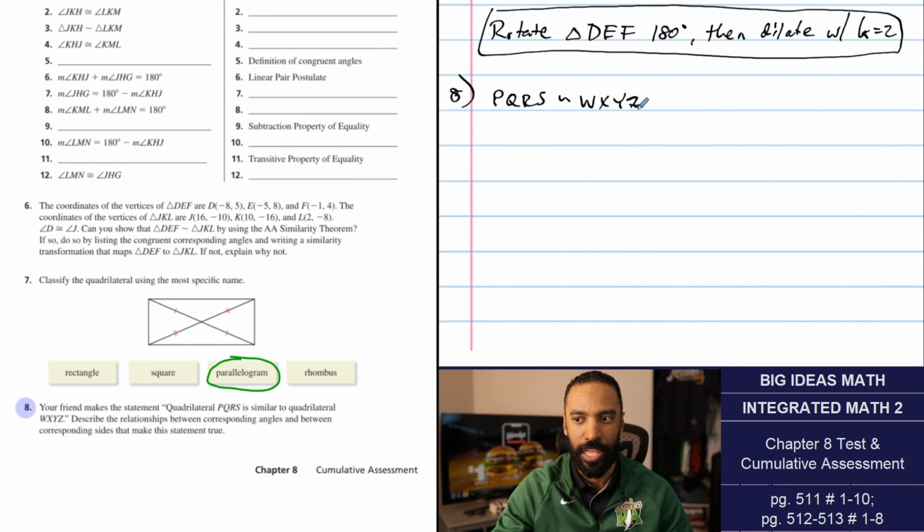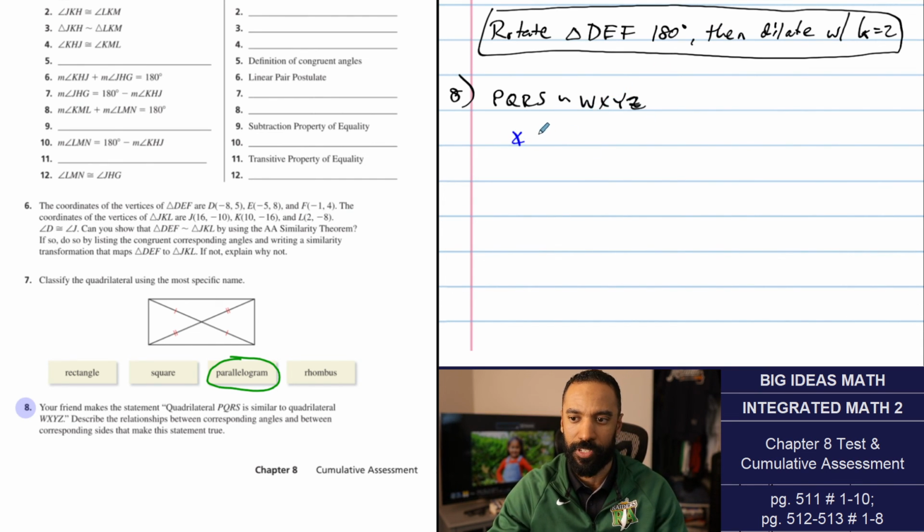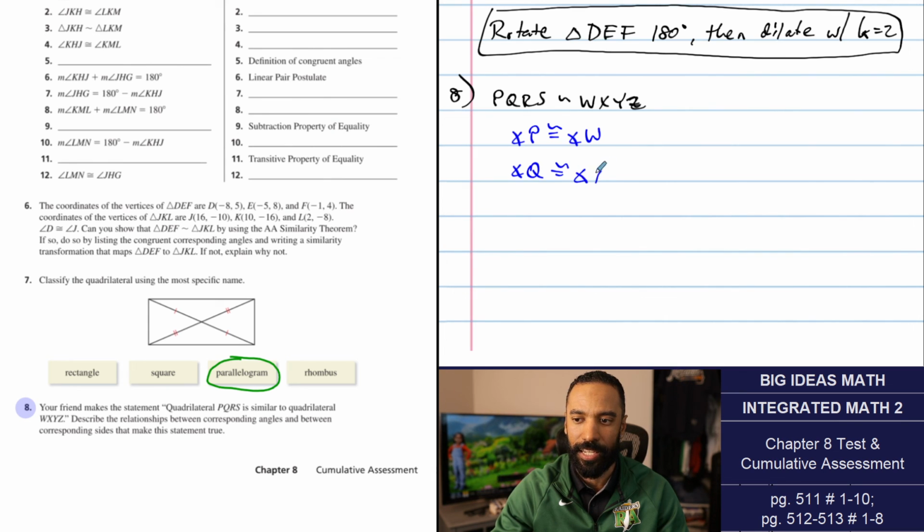I think that's just the thing where you're listing out the angles that are congruent and then the proportionality of sides and stuff. So first letters, P and W, they have congruent angles. Q and X, second letters have congruent angles. And then letters 3 and 4 is the same kind of thing.